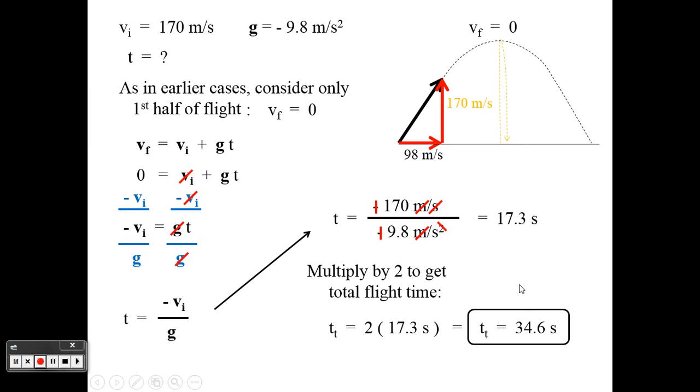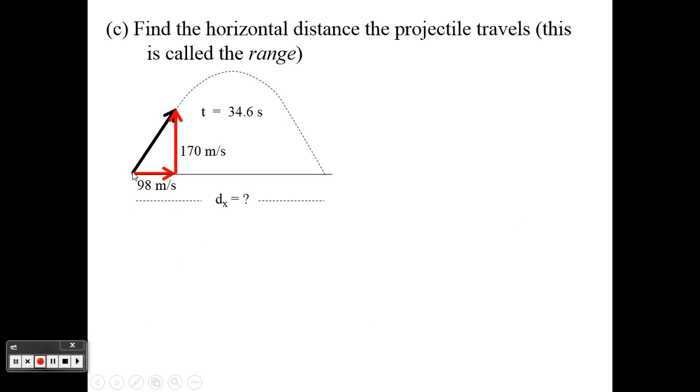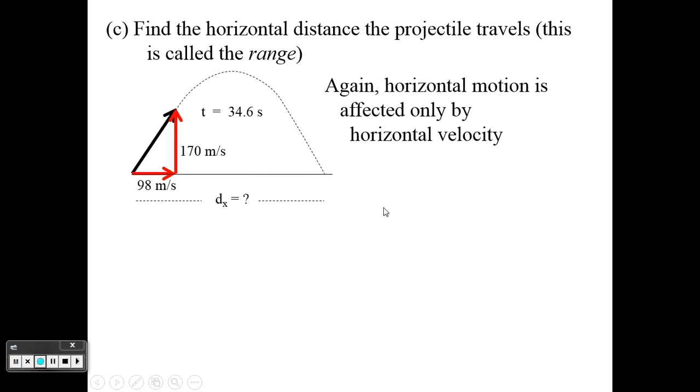Next, we want the range, how far it goes horizontally. Remember that the motion in the horizontal is affected only by the launch velocity in the horizontal. Gravity does not affect that at all. So once again, motion in the horizontal is at constant velocity, and we can use d is equal to v times t.